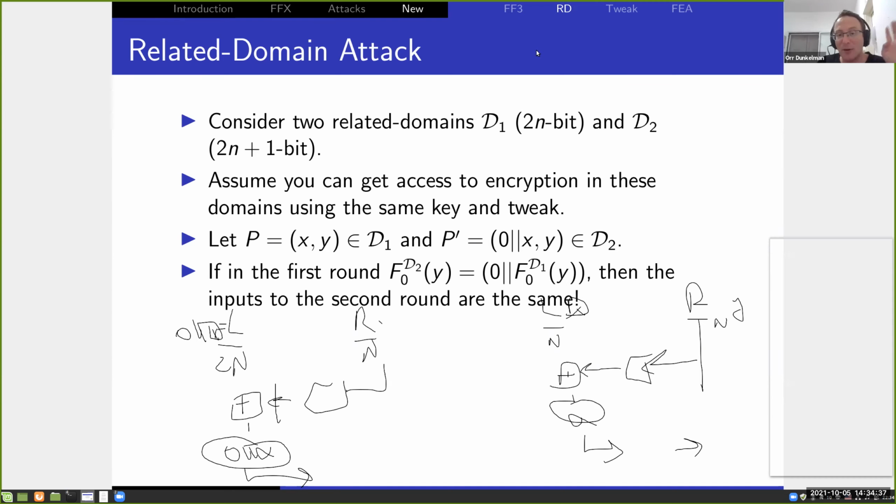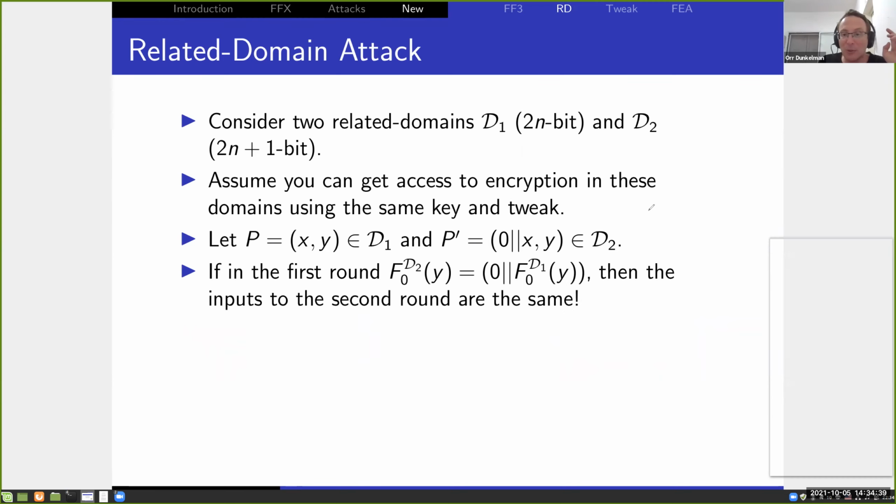So with probability 1/16, when I'm going to encrypt x, y in the smaller domain into w, z, the encryption of 0 concatenated with x and y is going to be 0 concatenated with w and z.